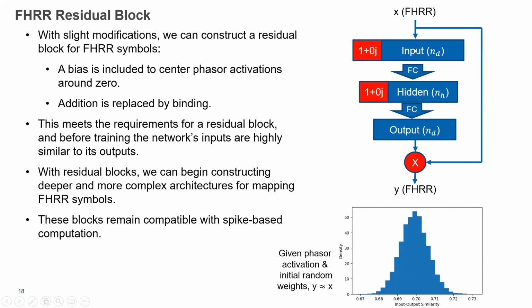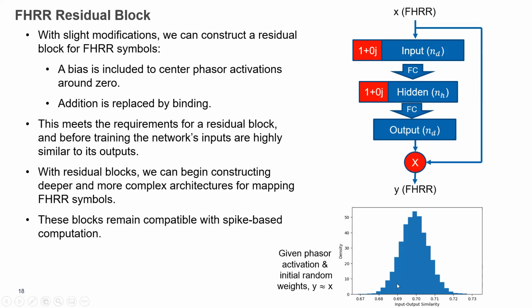And so that kind of takes care of the activation function side of things, but how do we now do the addition side of things that you need for the residual block? We actually replace it by binding, since they're essentially the same thing in the FHRR domain. The binding just keeps it on the correct angular domain. So when you make these two little changes, we actually get this residual block that works on the FHRR inputs.